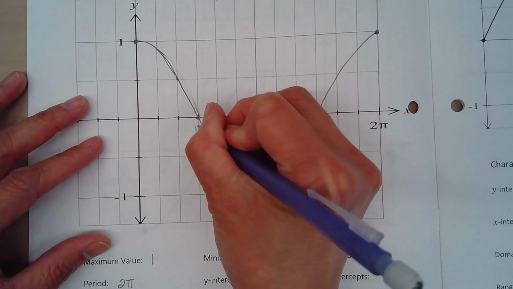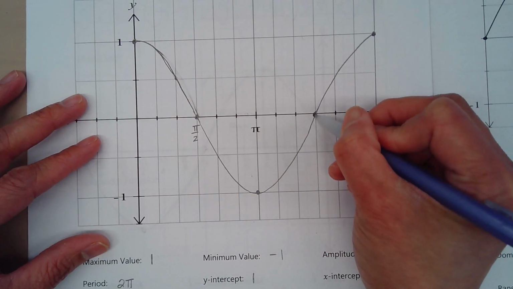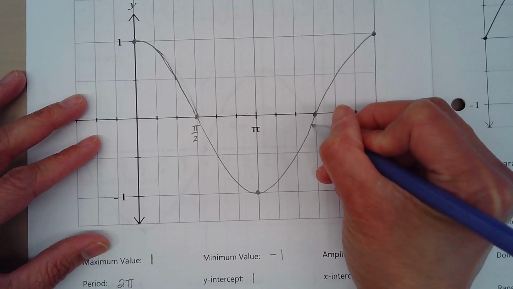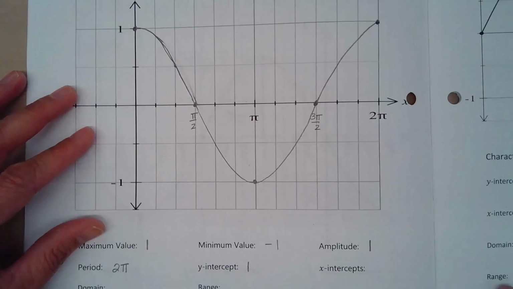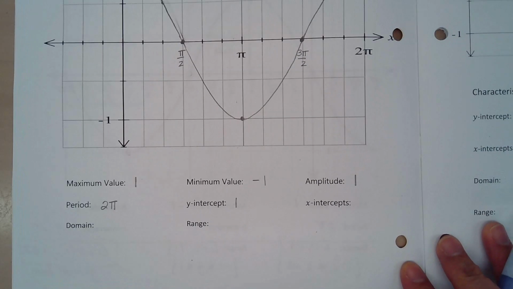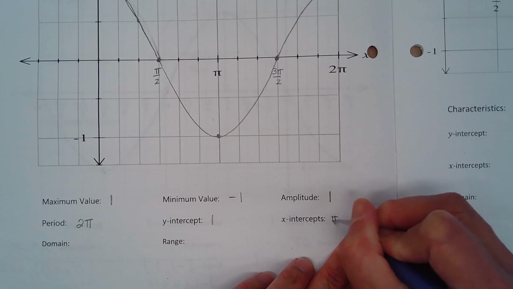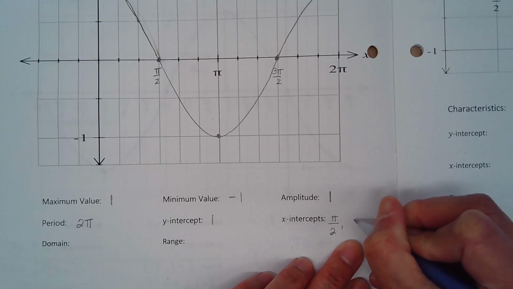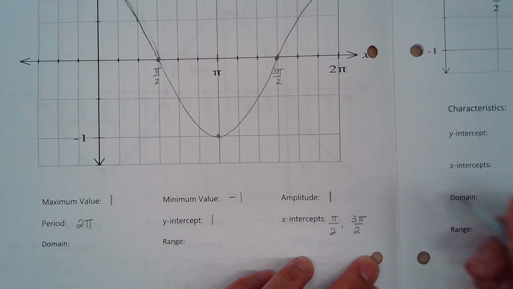The x-intercepts are pi half. This one here is 3 pi halves, and so on. So x-intercepts are, in this case, pi half and 3 pi half.